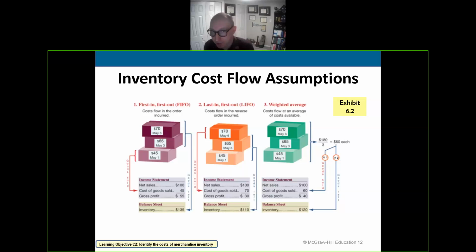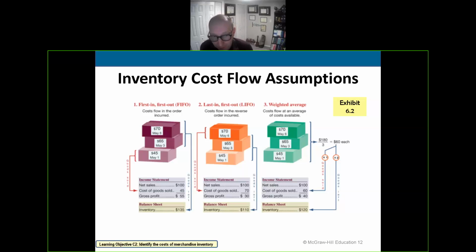So Best Buy uses the last in, first out method. What that means is the last purchase I made during the accounting period will be the cost of goods sold for the accounting period.